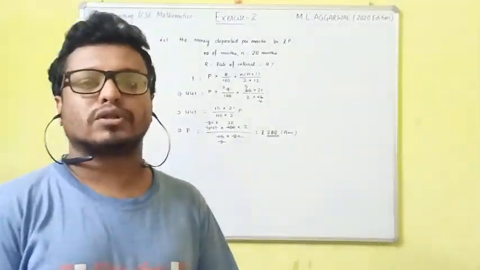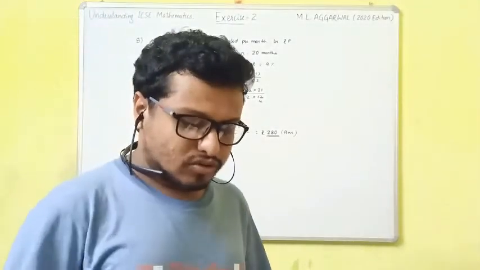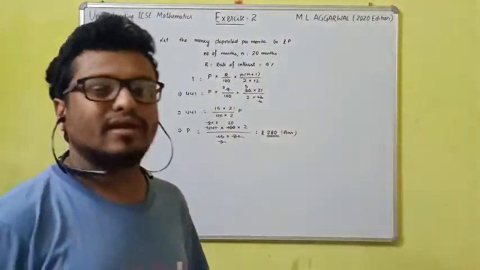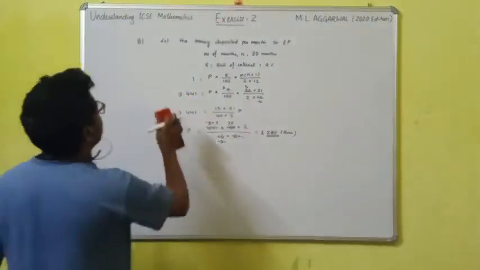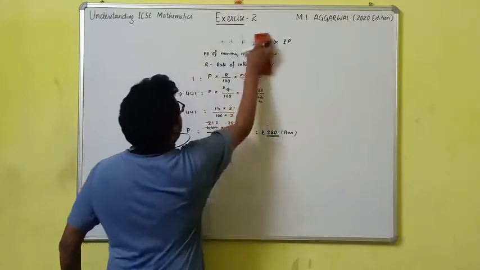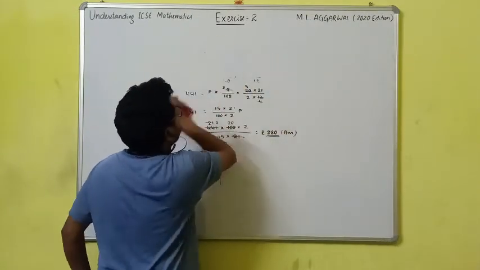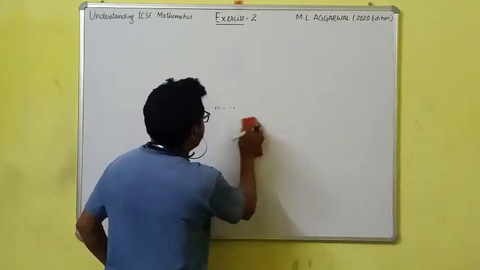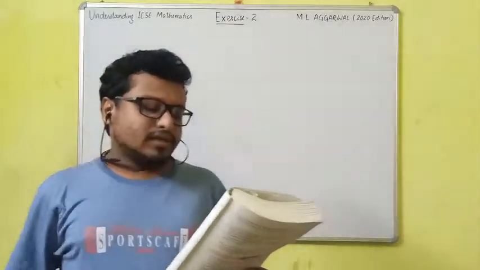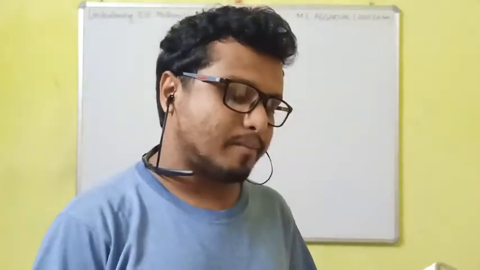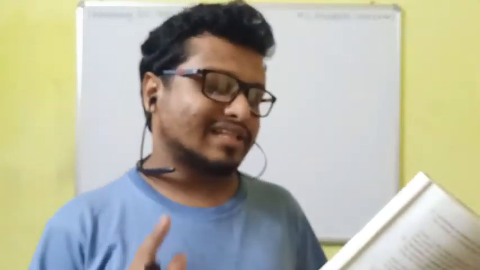So let's go for question number 9. Let me rub the board first, then we will start. Question number 9: Mohan has a recurring deposit account in a bank for 2 years at 6% per annum simple interest.